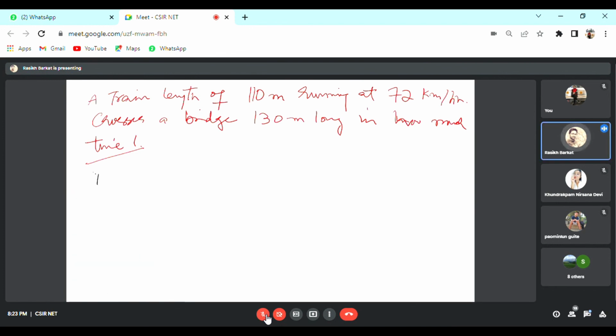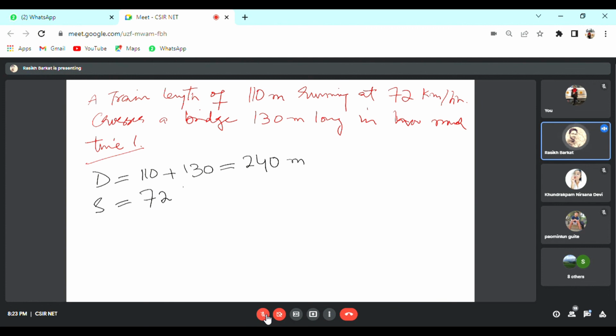So here the distance will be 110 plus 130. Because we have seen that if a train is crossing a long object, the total distance will be the addition of the two. So it is 240. So 240 meter is the distance that this train has to cover in order to cross the bridge. Speed here is 72 kilometer per hour.